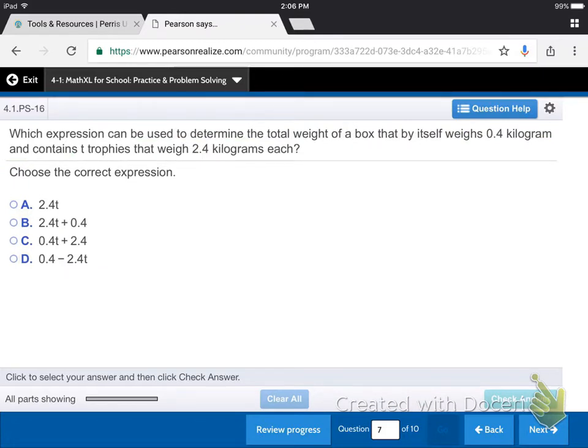Next problem, question 7. Which expression can be used to determine the total weight of a box that by itself weighs 0.4 kilograms and contains T trophies that weigh 2.4 kilograms each? Well, if each trophy weighs 2.4 kilograms, that means we have to multiply it by however many trophies there are.